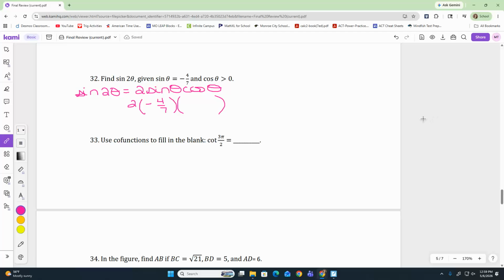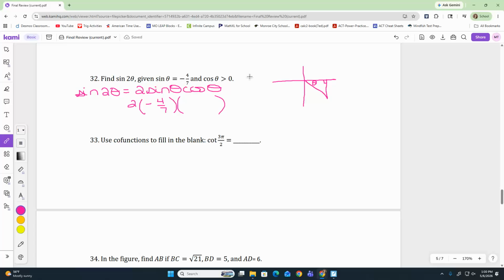We don't know cosine, so we need to find it. We can use the triangle. Sine was negative, so that tells me it's either quadrant 3 or 4, but cosine is greater than 0, so cosine is positive. So which quadrant do I have to be in? Cosine is positive, so I'll have to do it in quadrant 4.